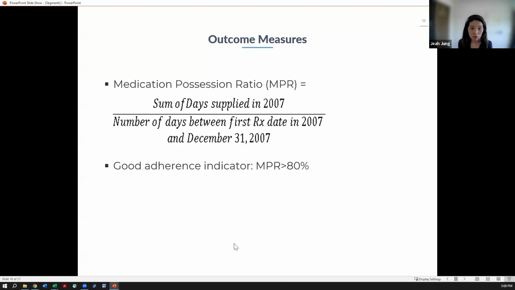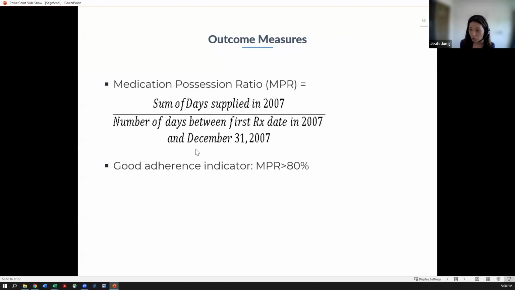So this just shows the flow of constructing analytic files using graphs. Our outcome measure was MPR, medication adherence. I defined my MPR measure with the denominator as the number of days between the first prescription date in 2007 through December 31st, 2007. Remember, I had only 2007 PDE data. That's all the data that I had.